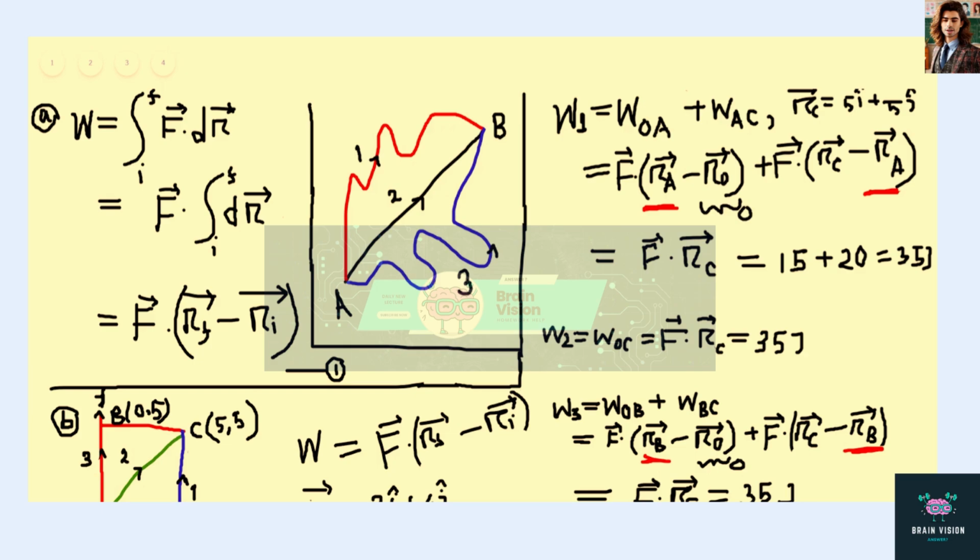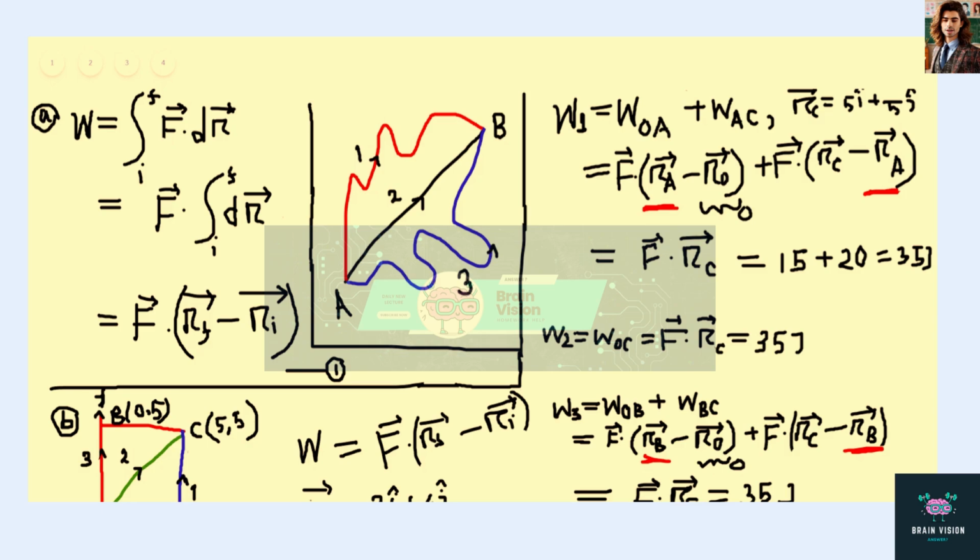I'm calling this blue path path number one, the green path path number two, and the red path path number three. Now, if I calculate the work done along the blue path, the green path, and the red path, that will be W1, W2, W3.